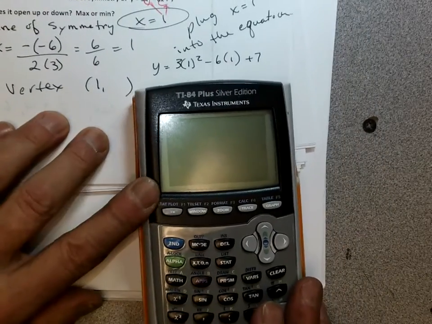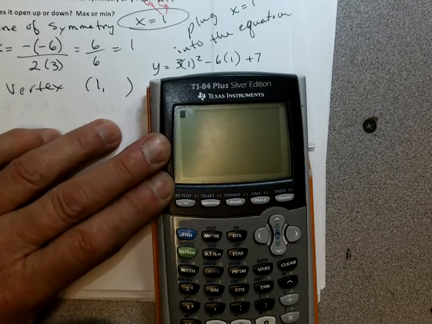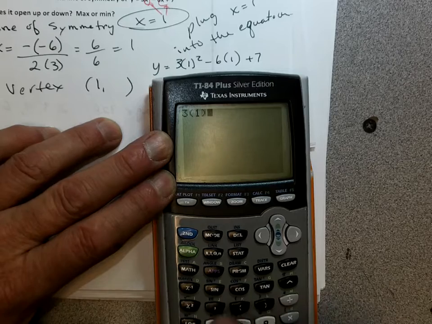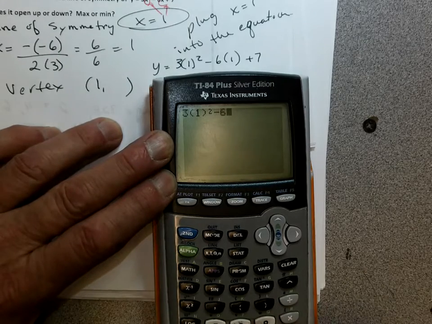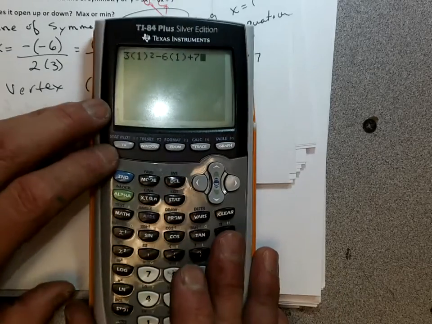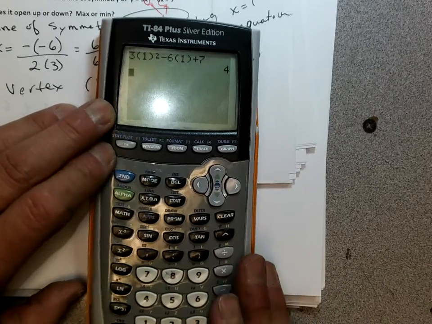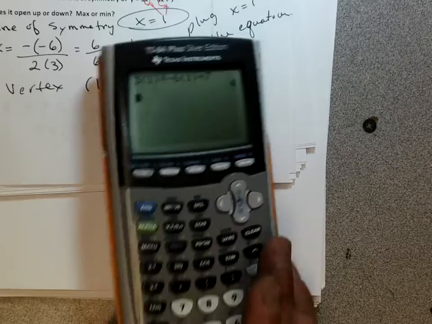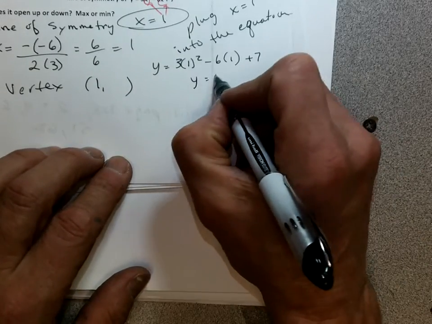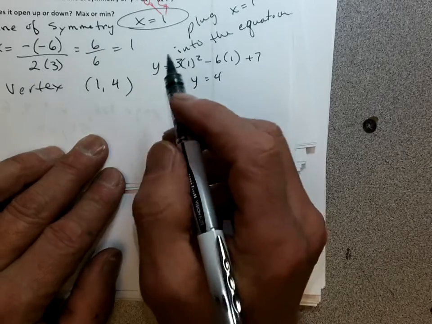If you're smart, you don't have to work hard, you just work smart. So I'm going to let the calculator do the work for me. Watch. 3 times 1 squared minus 6 times 1 plus 7. Boom. I get 4. I could have done this in my head, yes, but I just wanted to show you a trick. So y is equal to 4, so my vertex is at (1, 4).